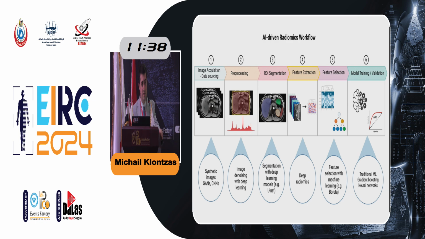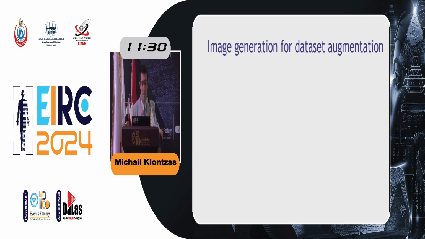At all these steps, AI algorithms can help remove problems that we have in the analysis, and of course augment and automate the analysis. And I'll give you some examples.